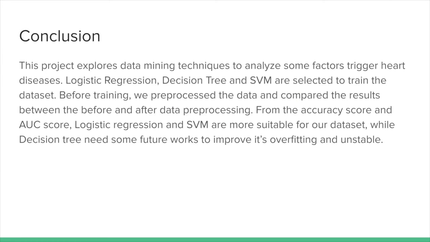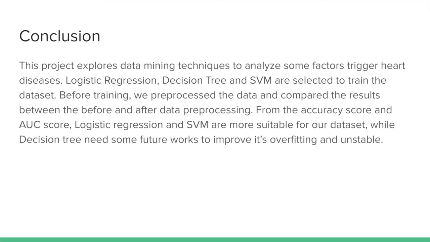Conclusion: this project explores data mining technology to analyze some factors which trigger heart disease. We selected 3 models to train on the dataset: logistic regression, decision tree, and SVM.